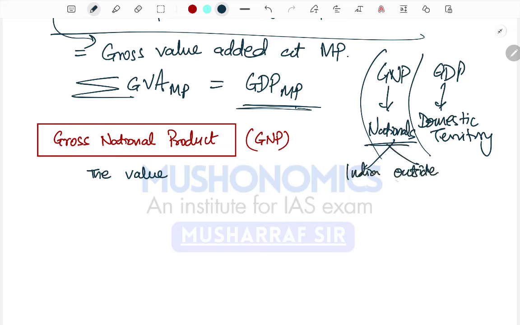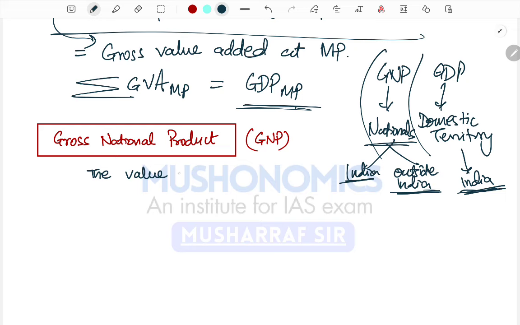But when we talk about GDP, we take domestic territory only. So we talk about the value of production happening only in India. But when we talk about GNP, India and outside India both, but by Indian nationals only, right?